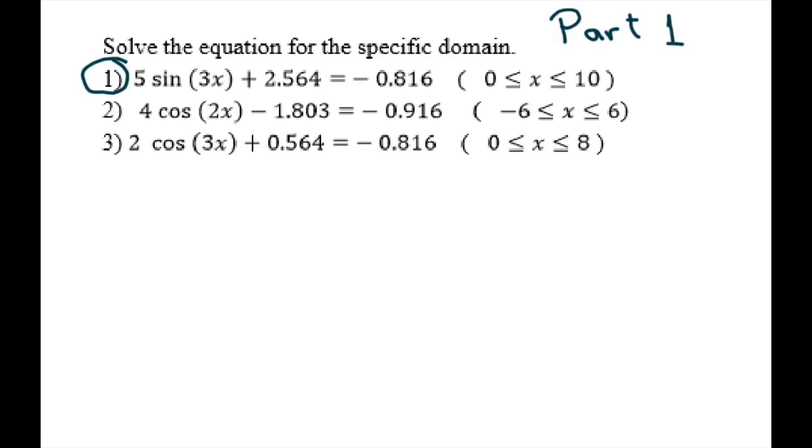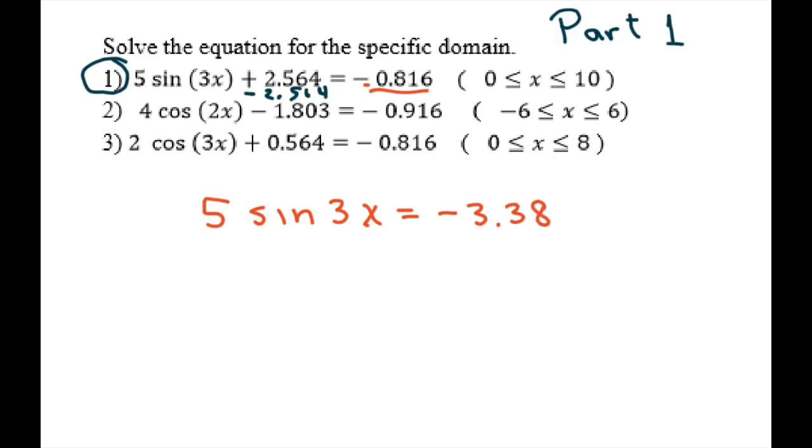So we're going to start with the first one, and we want to simplify this first. What we're going to do is subtract 2.564 from both sides. So basically what you're going to get is 5 sine of 3x equals negative 3.38.